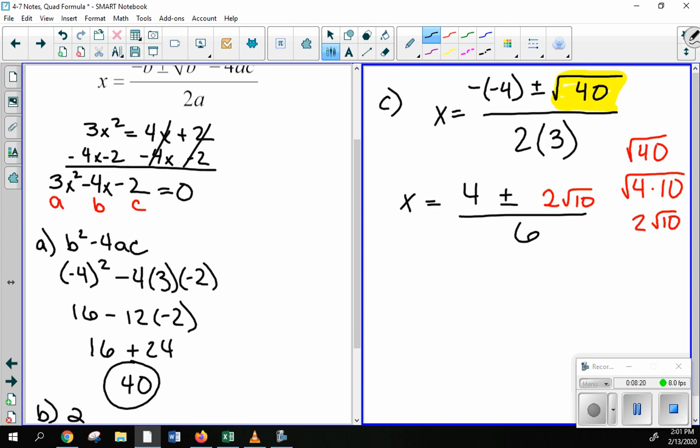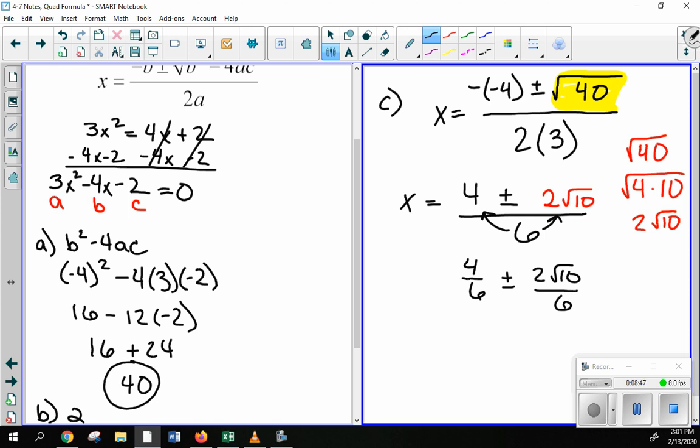Now, here's where it gets tricky, okay? Before I deal with this plus or minus, you have to distribute this 6 to both terms. So you're left with 4 over 6 plus or minus 2 square roots of 10 over 6, and then you have to simplify your fraction. That's tricky, but that's how Math Excel and most ACT tests want the answer.